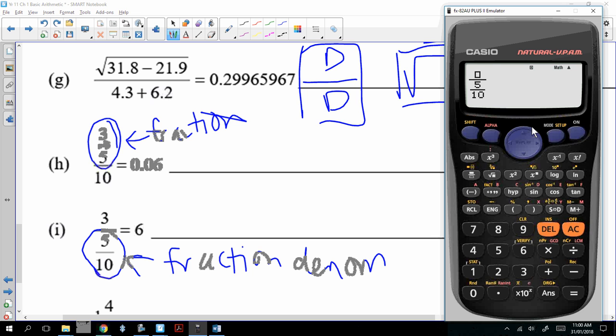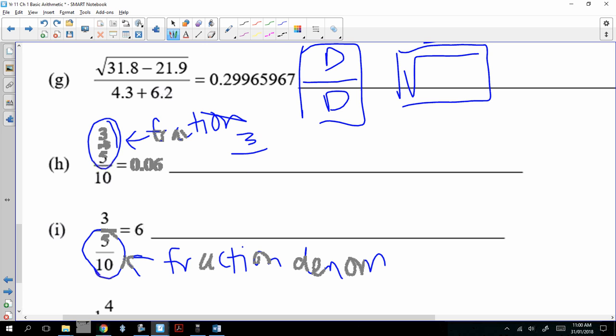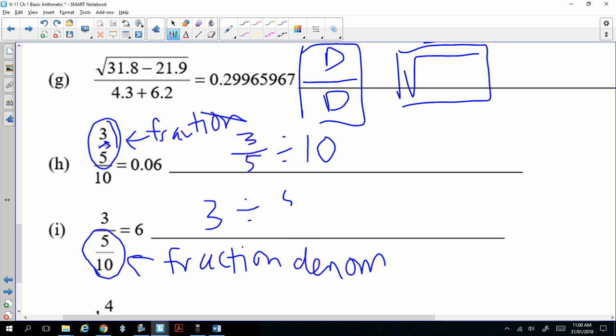And you get a different answer, 6. Right? Because in the first one you do 3 over 5 divided by 10. This is doing 3 divided by 5 over 10. So you get different results. This one you get 6, that one you get 0.06. So be careful how you enter this fraction. That could be very tricky. So be careful where the fraction is. Okay?